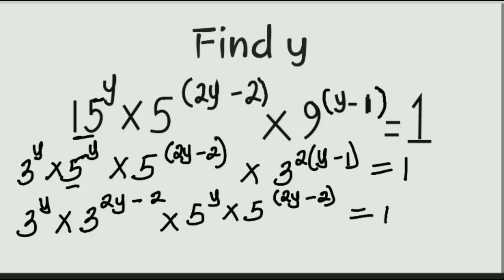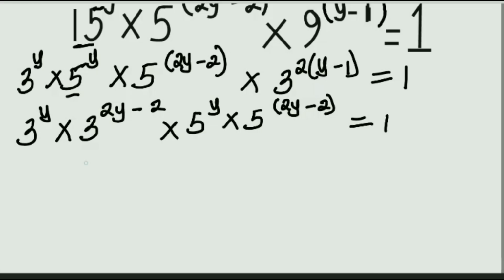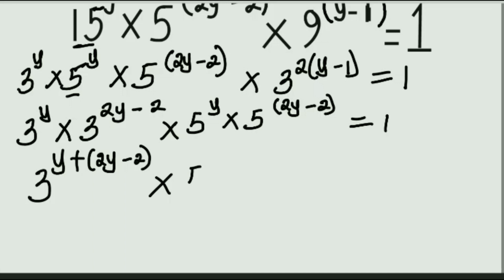equals 1. So we are going to apply the first law of indices here that says that when you multiply expressions with identical base, you add up the powers together. So y plus 2y minus 2 times the base is the same here, where that's 5 to the power of y plus 2y minus 2 equals 1.